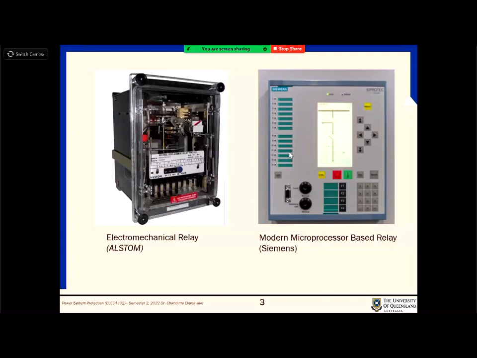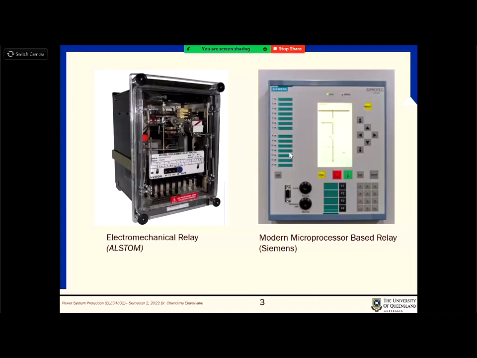The difference is that even though it is a computer, it is more focused on protection systems, so it is more reliable, and it also has more communication protocols or channels to communicate with other relays, other devices or human machine interfaces, and a lot of different ways that you can program it.